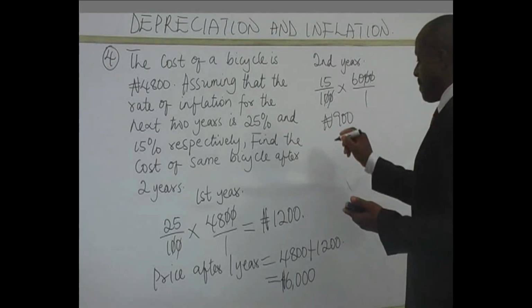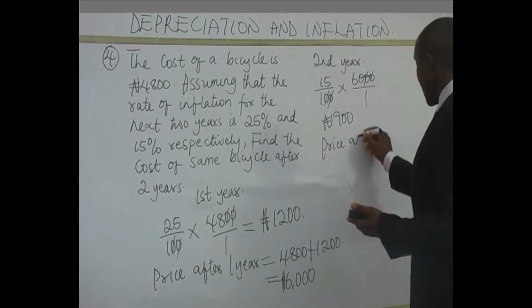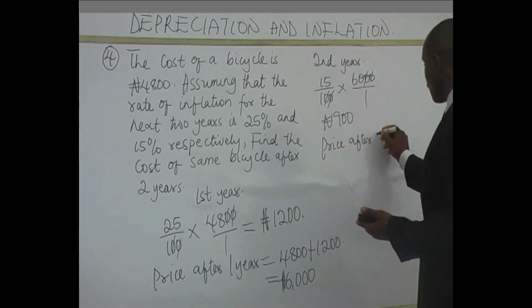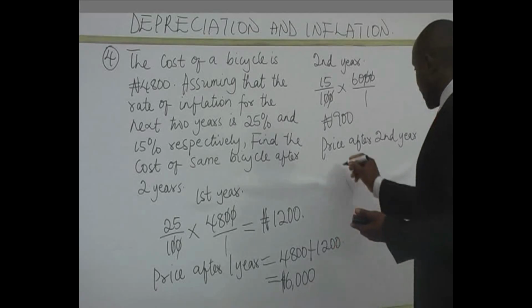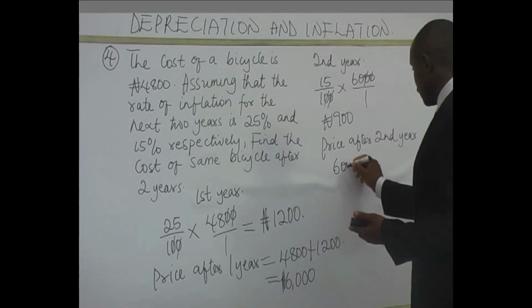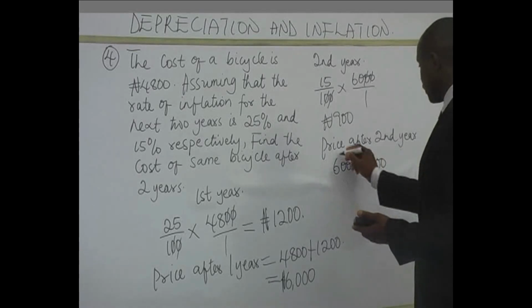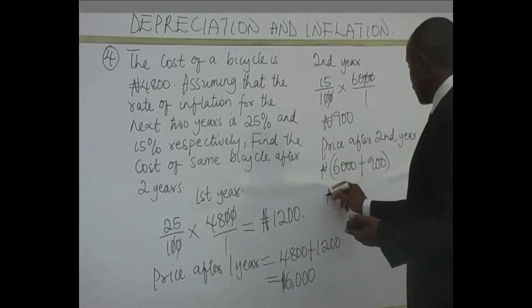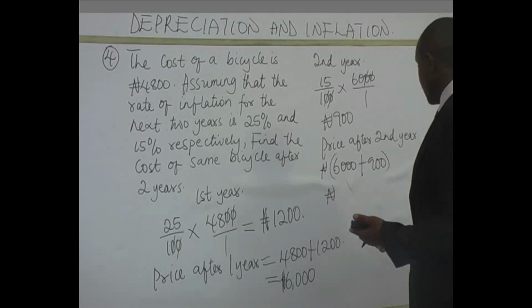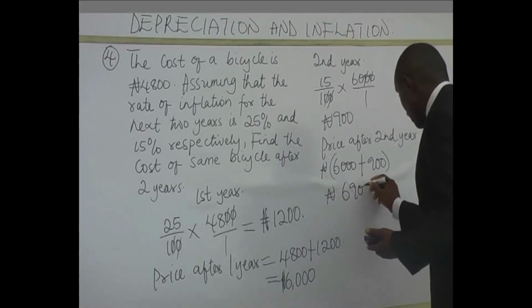This means that the price of the bicycle after the second year is 6,000 plus the inflation 900, and it's going to give you 6,000 plus 900 will give you 6,900 naira.